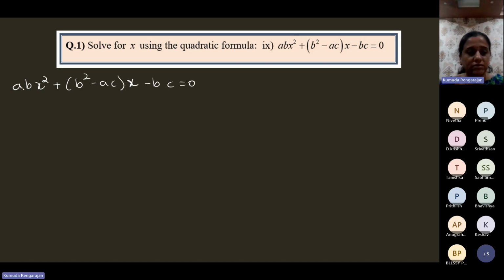So open the bracket. We have abx squared plus b square x minus acx minus bc is equal to 0.